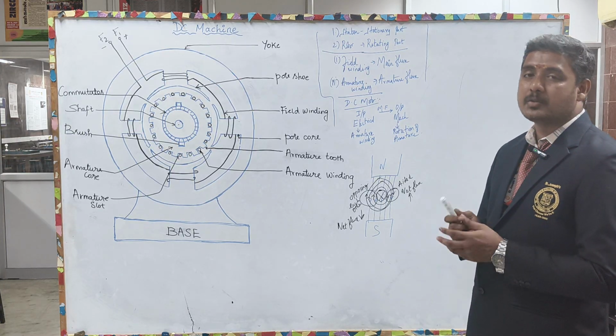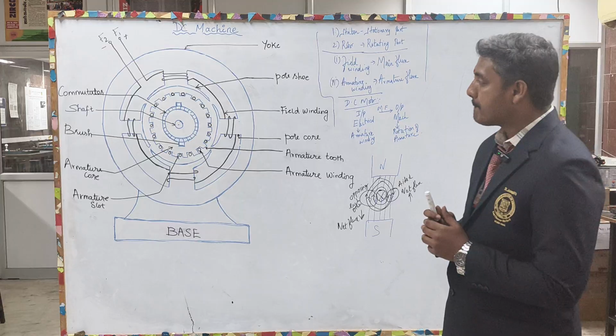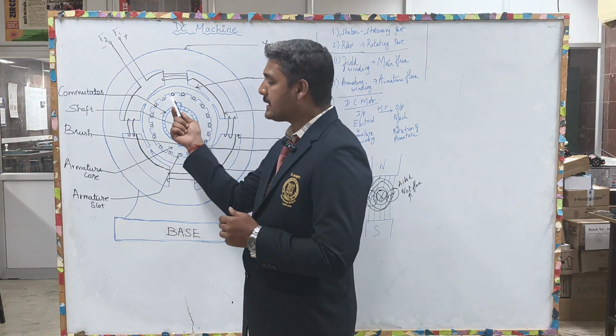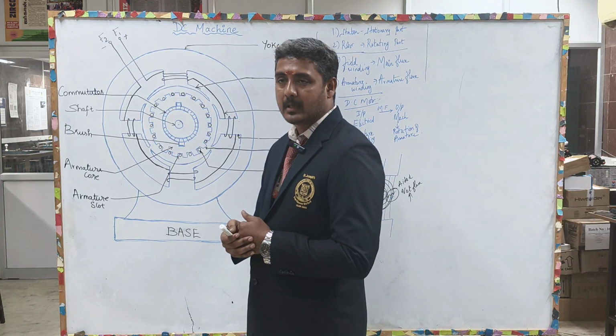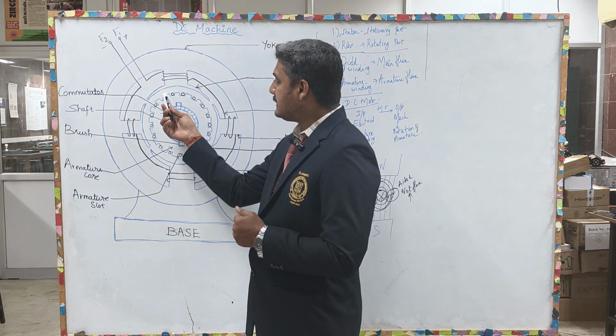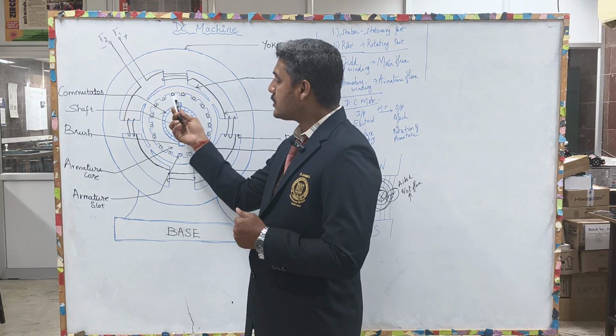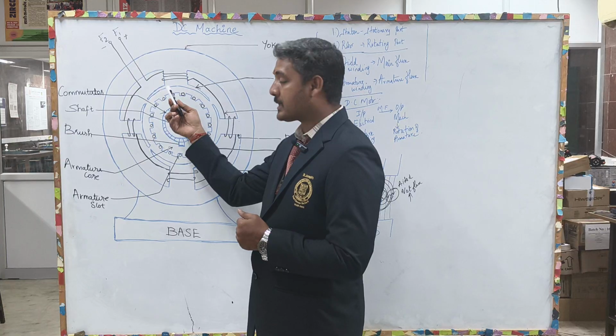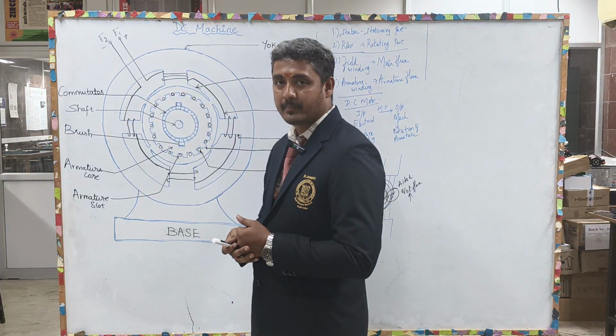Now, you should know one thing: see here, you are going to have these teeth and slots. This teeth and slot is not a smooth surface. Here you are going to have a projected area and an unprojected area.